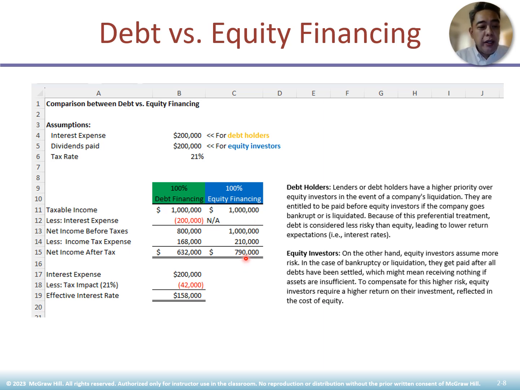So that's why net income after tax under 100% equity financing is higher compared to debt financing, because why?